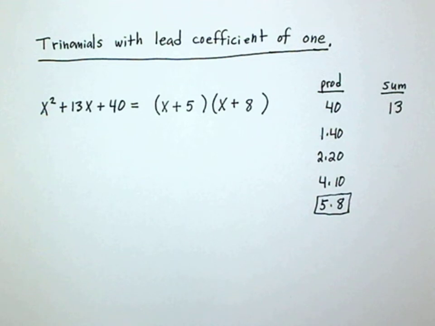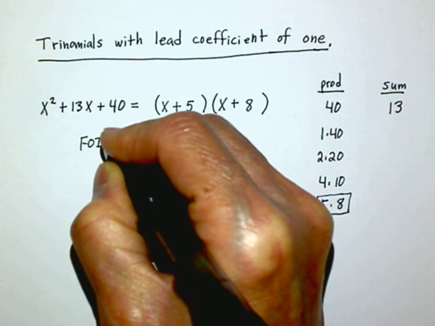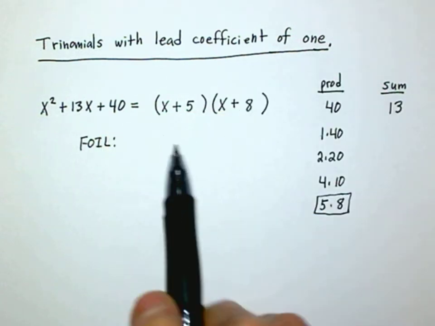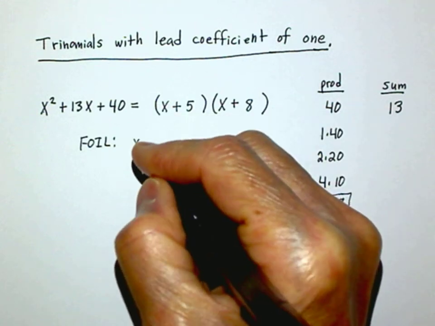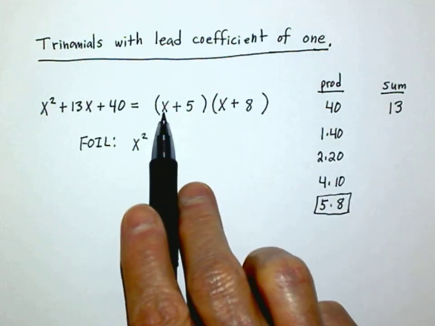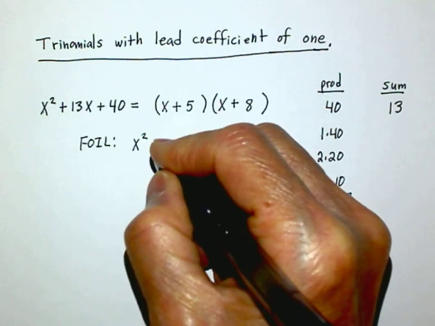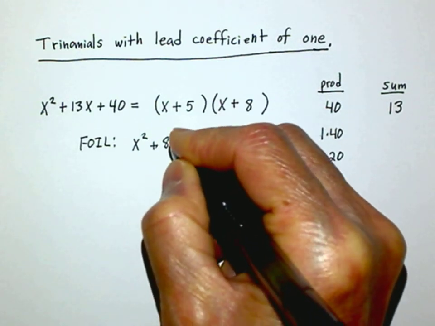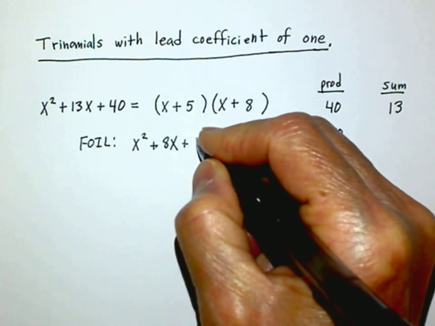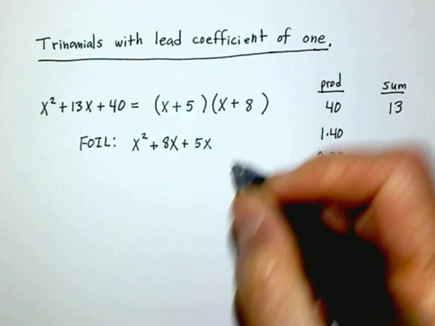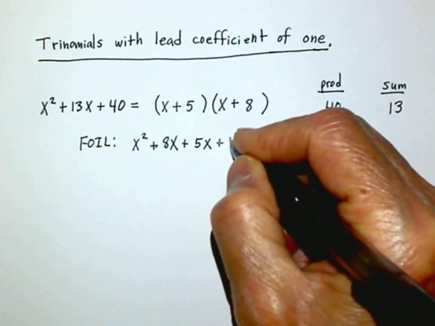I can check by using FOIL. X times x is x squared. X times 8 is 8x. 5 times x is 5x. 5 times 8 is 40.